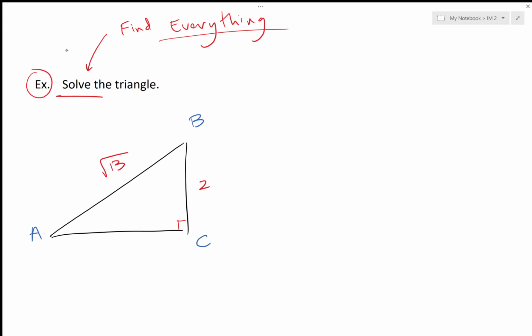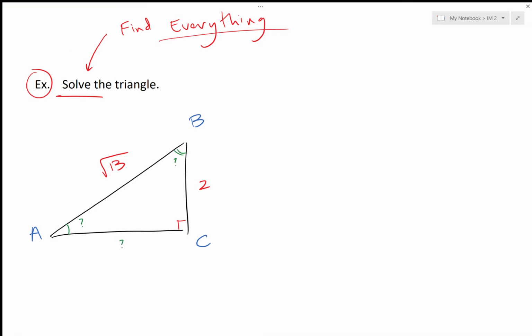So if we look at what we're given, we have square root 13, that's a side. 2 is a side, and then this mark here is an angle, that's 90. We need to find the other pieces. So for example, we need to go ahead and find out what angle A is, what angle B is, and then this side over here. 3 things I know, 3 things I don't know.